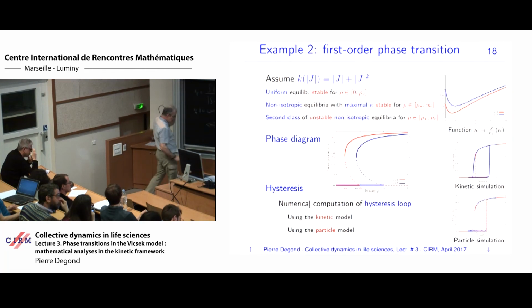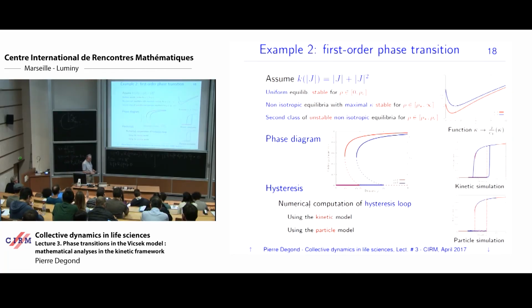Let me just give a couple of words on what this means for coarse graining. Remember, we did the coarse graining into this self-organized hydrodynamic model. However, the SOH model is only valid in the case where you have von Mises equilibria. What you get in the case of isotropic equilibria is more like a standard nonlinear diffusion.